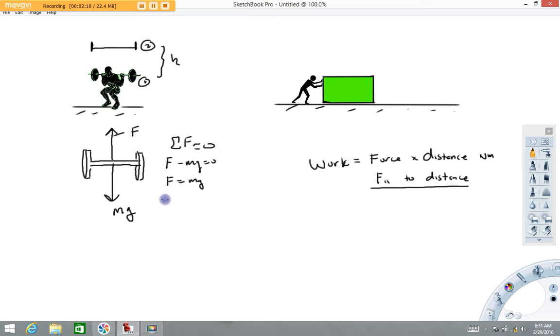If the person lifts this from 1 to 2, the work done would be the force that they apply, which I'm just going to call F, times the distance h. Now, work can be positive or negative depending on the relationship between the force and the velocity vector. Here's how you determine that.